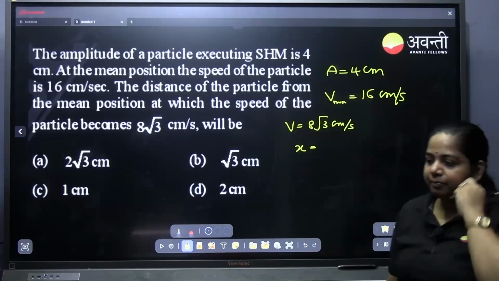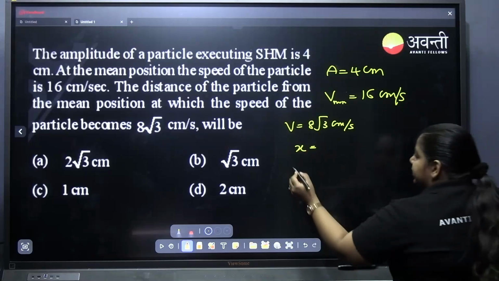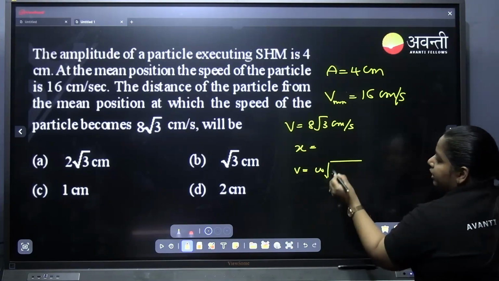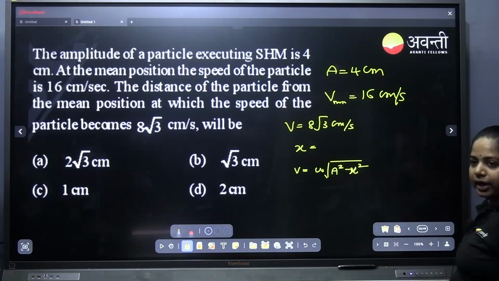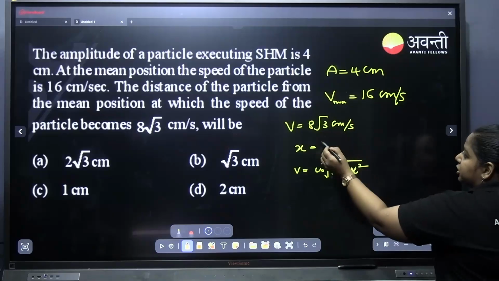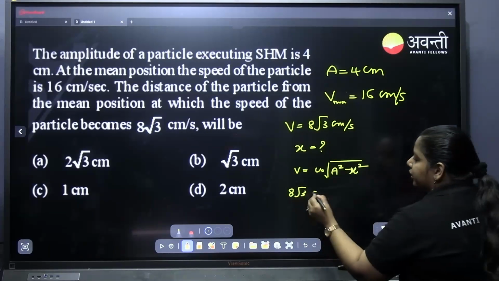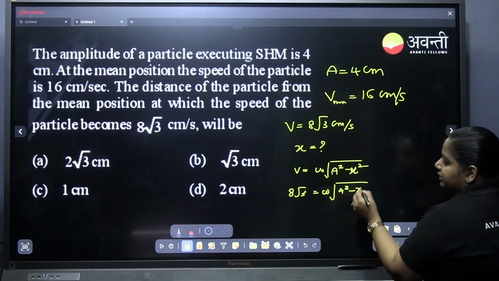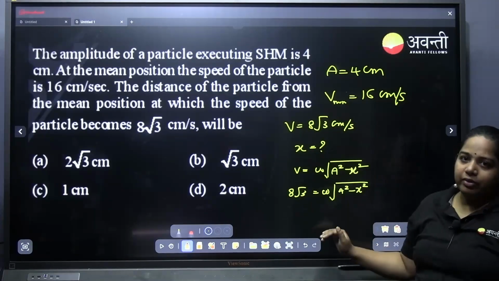Now the velocity equation is equal to omega root a square minus x square. Okay, I can substitute it here. So 8√3 equal to omega root of a square minus x square. A is given, omega we don't know, right?